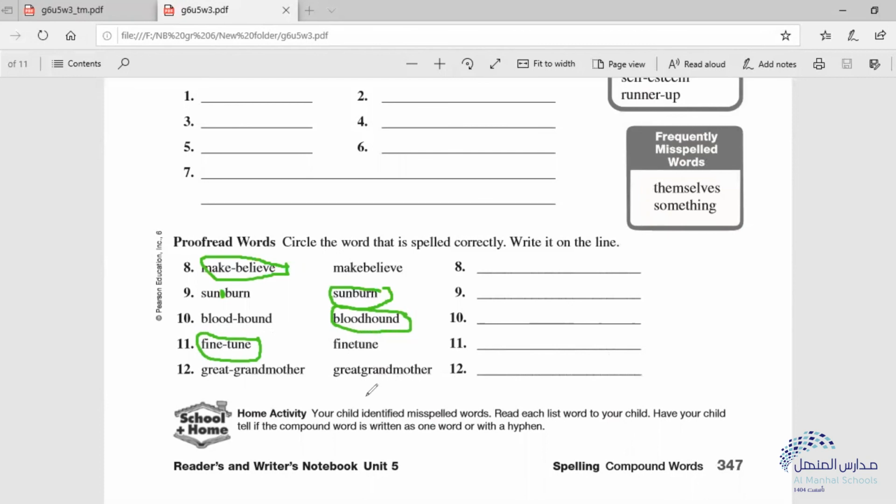Then the other one is great-grandmother. Great-grandmother must be with a hyphen also, as we saw before. So we say these are the correct ones. You see, these are the words that are spelled correctly. So we can have a check.